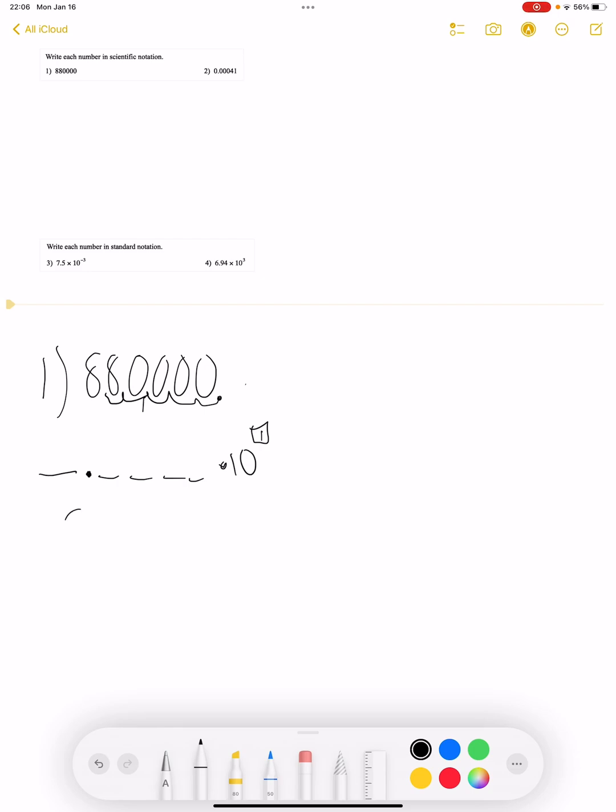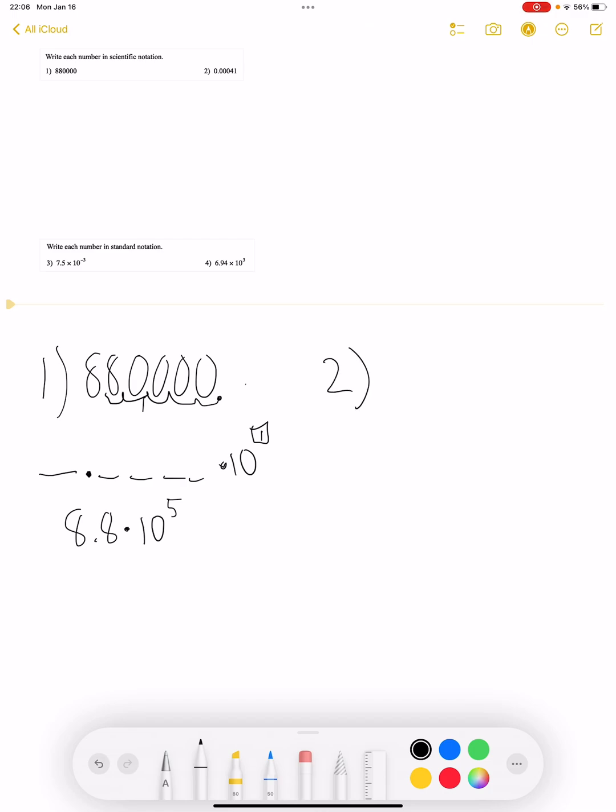So we could rewrite this as 8.8 times 10 to the, and since we had to move our decimal 5 places to the left, we would say times 10 to the 5th. That's because we need to multiply it by 10 to the 5th, which accounts for the 5 decimal places.